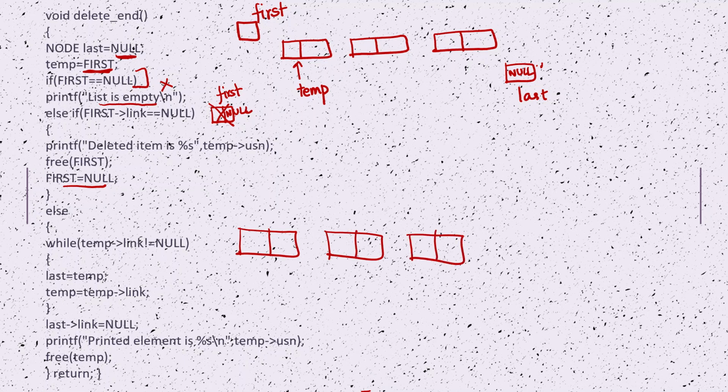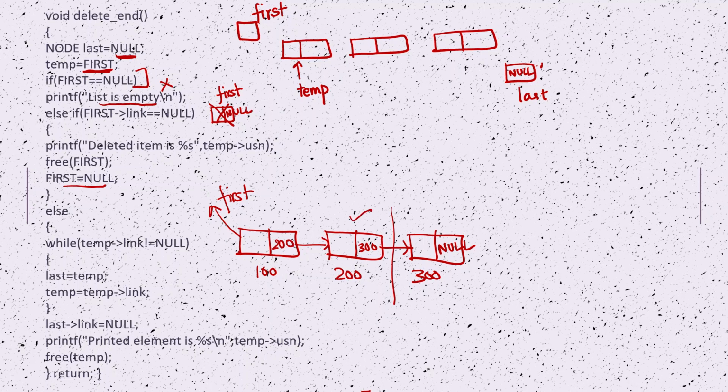How do you delete? So this is first. This will be 100, 200, 300. This is null. This is 300. And this is 200. Now we have to go till the node that is before the last node.